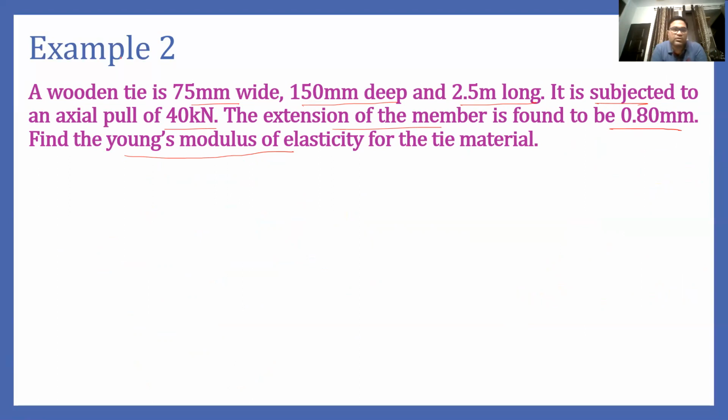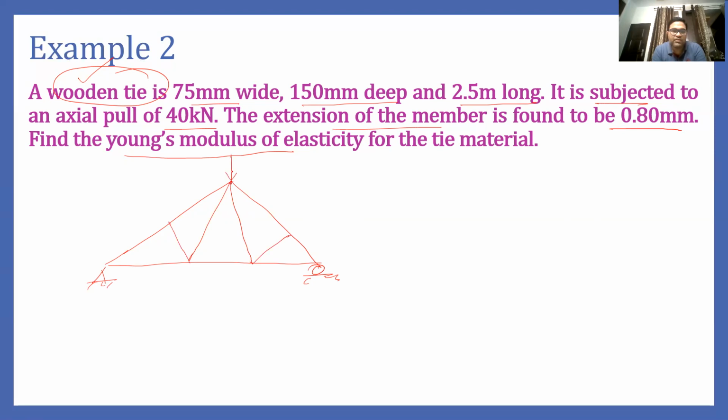First of all, we need to understand what a wooden tie is. Wooden means the tie is a member made of wood. In the course of structural mechanics, we have analyzed some truss members. So, for example, this is a truss and it has this support, and it may have different members like this.